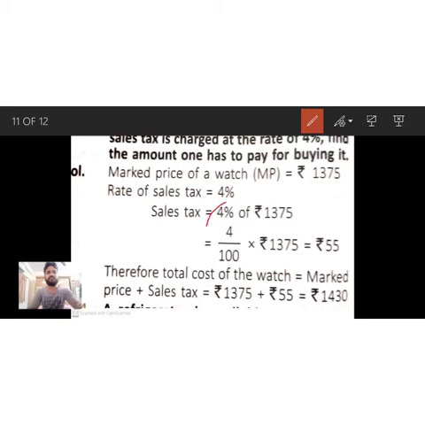So what do we have to do? We have to find 4% of 1375. So 4% of 1375 is rupees 55. Now the total cost of the watch equals 1375 plus 55, which equals 1430. 1430 is the price for the shopkeeper, and the purchaser or buyer has to give 1430 rupees to the shopkeeper to buy this watch.